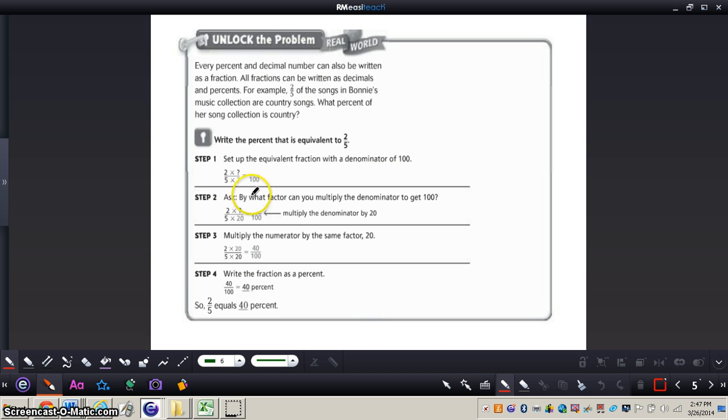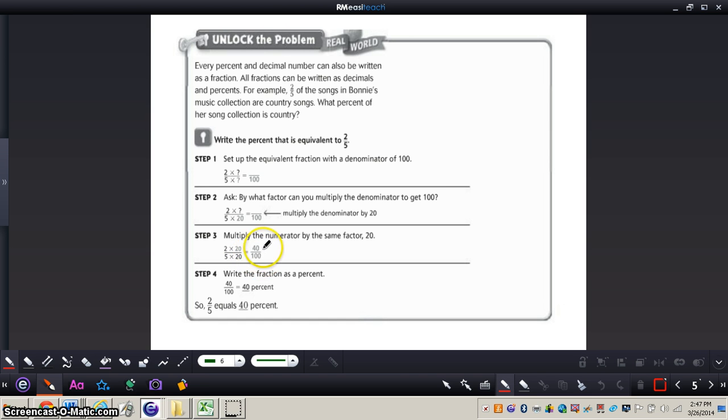Now step 2. By what factor can you multiply the denominator to get 100? So we take 5 times 20, and that's going to give us 100. So we know whatever you do to the denominator, you must do to the numerator. So we take 2, multiply that by 20 as well. So we have 40 over 100.